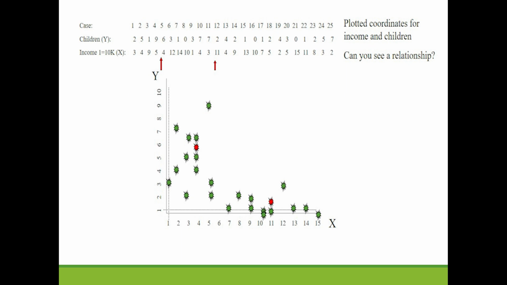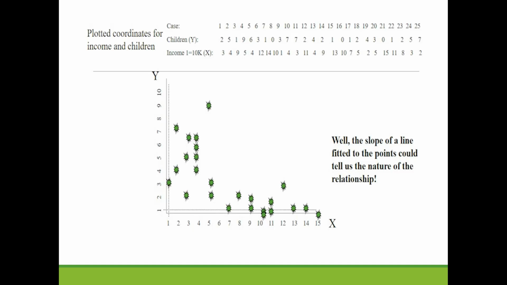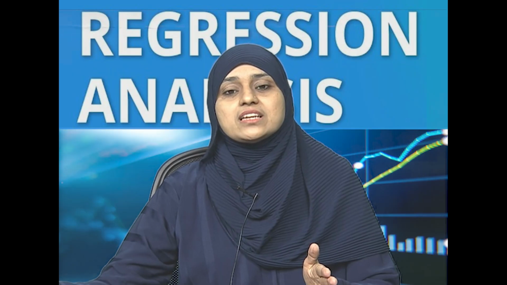If the slope of the line, that is the change in y along the line as you go up 1 on x while following the line, shows no increase as such, it is remaining constant, then in that particular case it means that there is no relationship, which means that if income increases, number of children also increase.